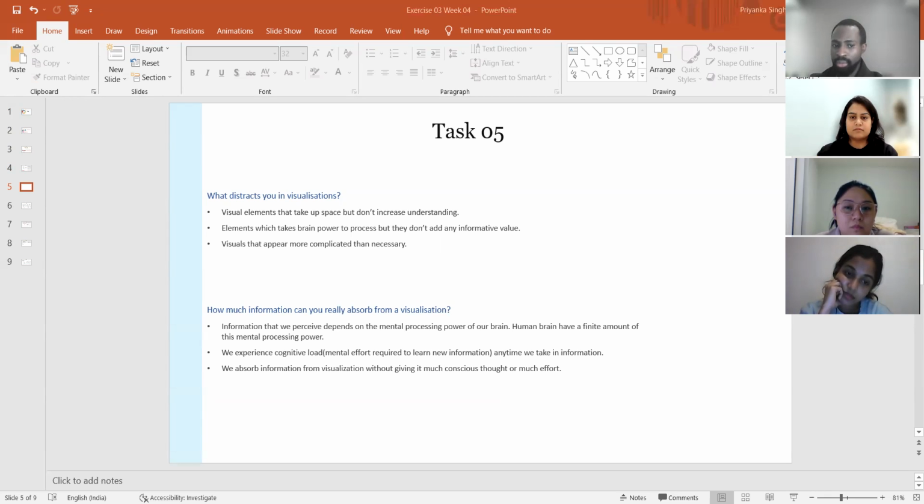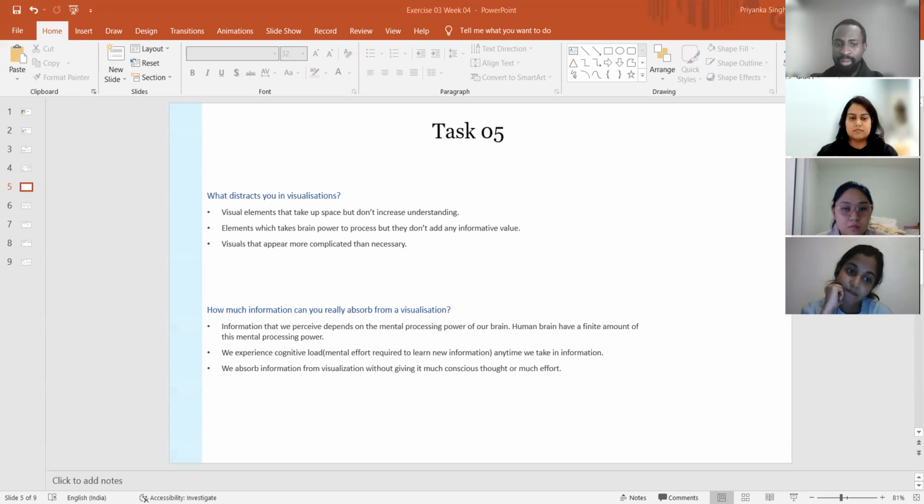The second question was, how much information can you really absorb from a visualization? The information that we perceive depends on the mental processing power of our brain. The human brain has a finite amount of this mental processing power. So the easier we can process the visualization, the better.